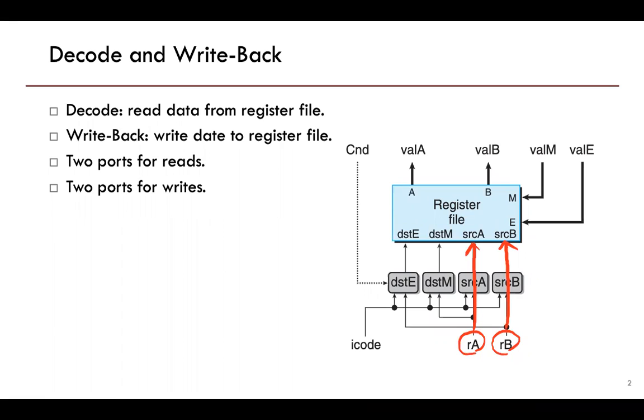We just put RA and RB to source A and source B. Why not this way? Why does it have a box on this path? What does it do? Actually, this is an extra circuit, and let's talk about that in the next slide.